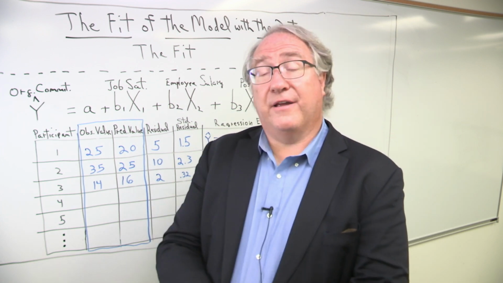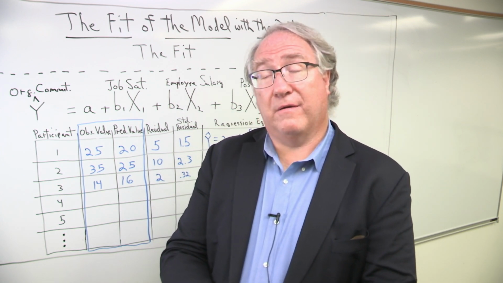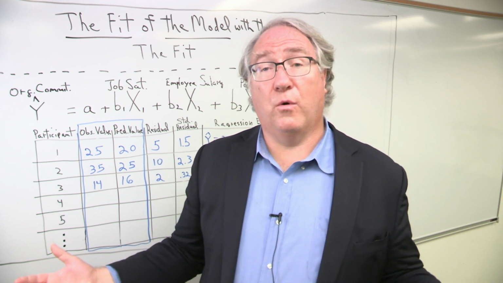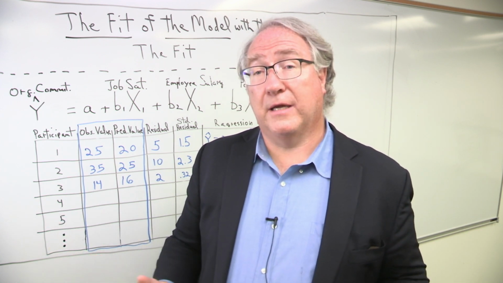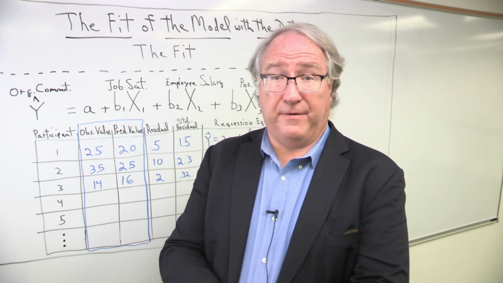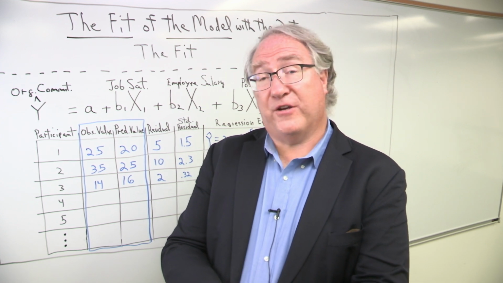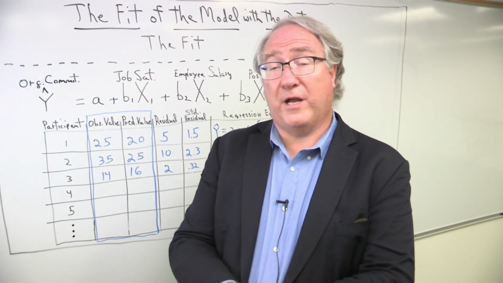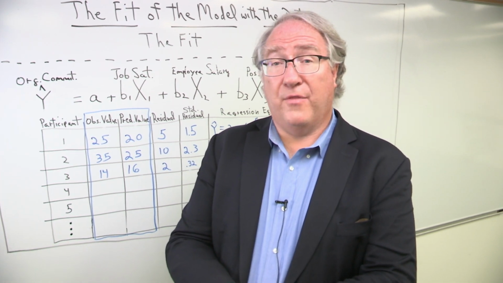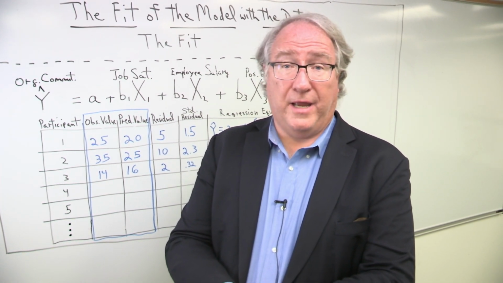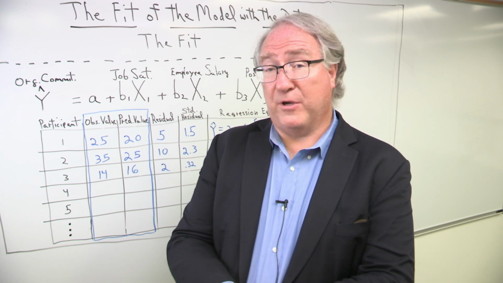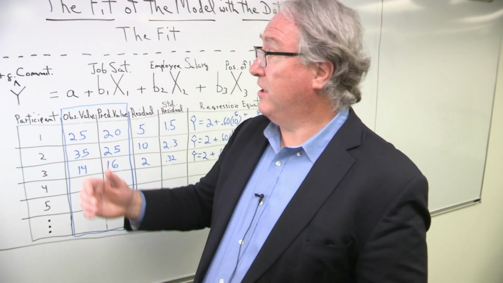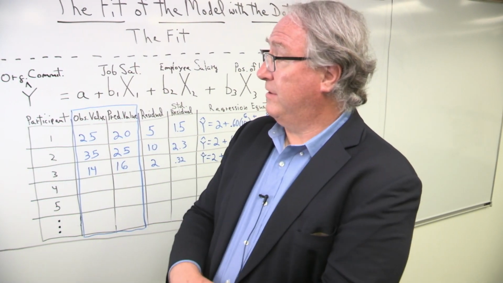So there you have it. That is what we're seeking to know about our model: how well does it fit with our data. And the better it fits with the data, the more the model has to tell us about people scoring higher and lower on the outcome variable measure and the particular construct that measure represents, in this case, organizational commitment.